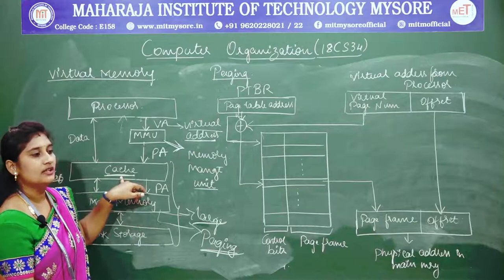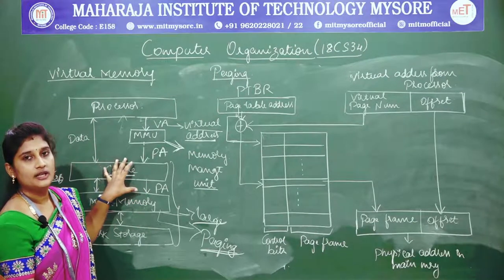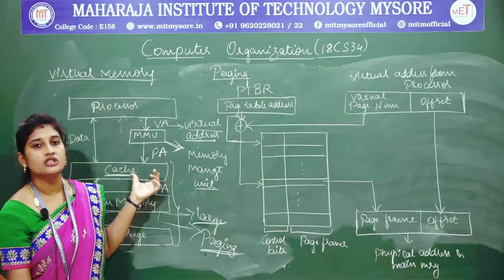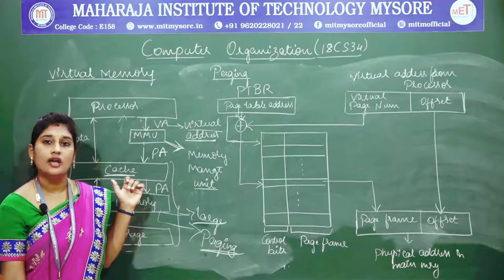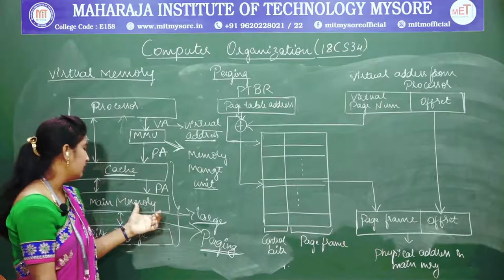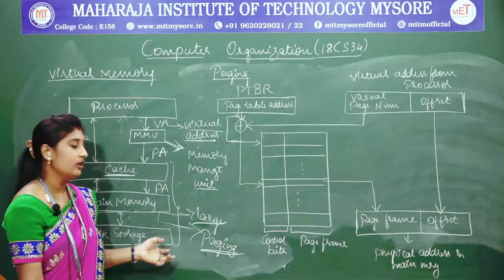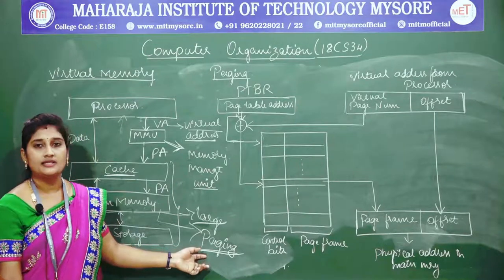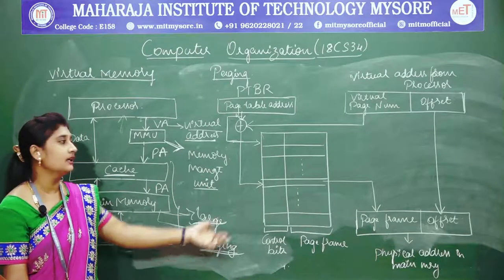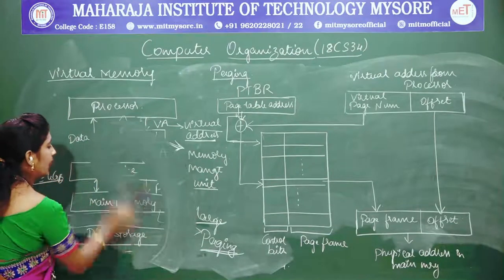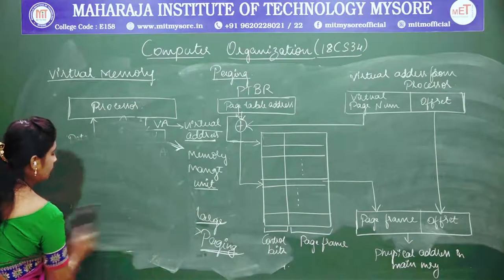The cache memory was bridging the gap between the processor and the main memory; the recently used data you keep in your cache memory. Likewise, between your main memory and the disk storage, you use a scheme called the paging technique, which improves the access time between your main memory and the secondary storage.